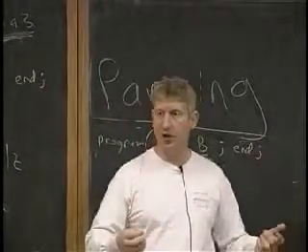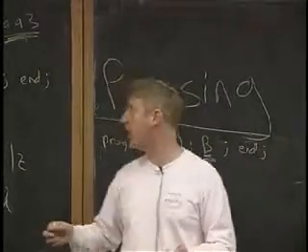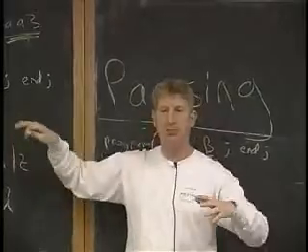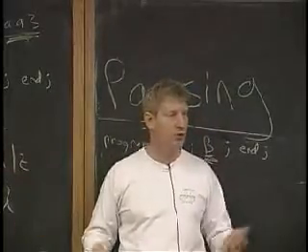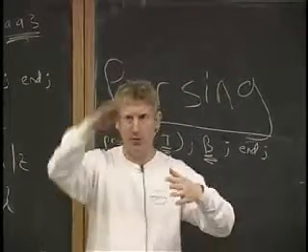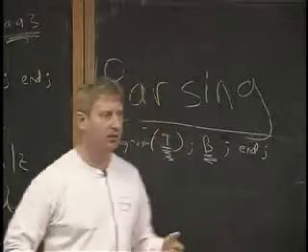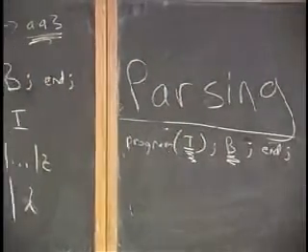If the answer is yes, then you've parsed it correctly. And if the answer is no, then there's a syntax error, and your compiler should find out which production it messed up on and give some kind of a guess as to what the error was. And as you all know, sometimes syntax errors aren't so clear, especially when they start propagating way down if you make a mistake early. And there's only so much a compiler can do to guess the mistake you made.